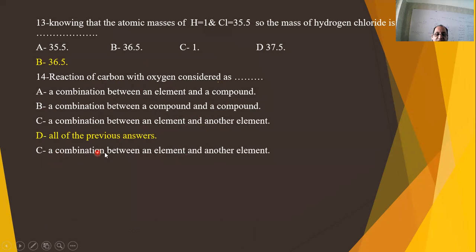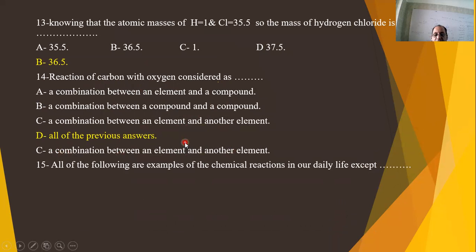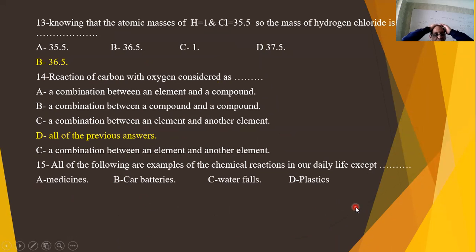So the answer is going to be C like this. All of the following are examples of chemical reaction in our daily life except, one is not a chemical reaction. Medicine, it's a type of chemical reaction. Car batteries, also type of chemical reactions. Plastics, it's made of chemical reactions. In waterfall, it's impossible that the water flows considered as a chemical reaction.